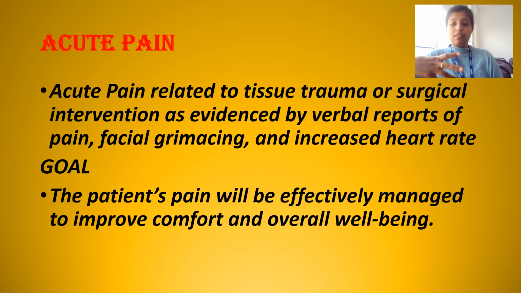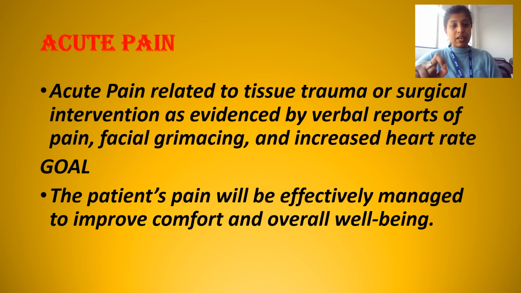Obviously, when the patient is telling about pain, definitely you have to check the vital signs. If there is an increased heart rate, definitely you can write that. If there is a normal heart rate, no need of mentioning that. So again, if your evaluator is asking about writing a care plan on acute pain, first you have to formulate the diagnosis.